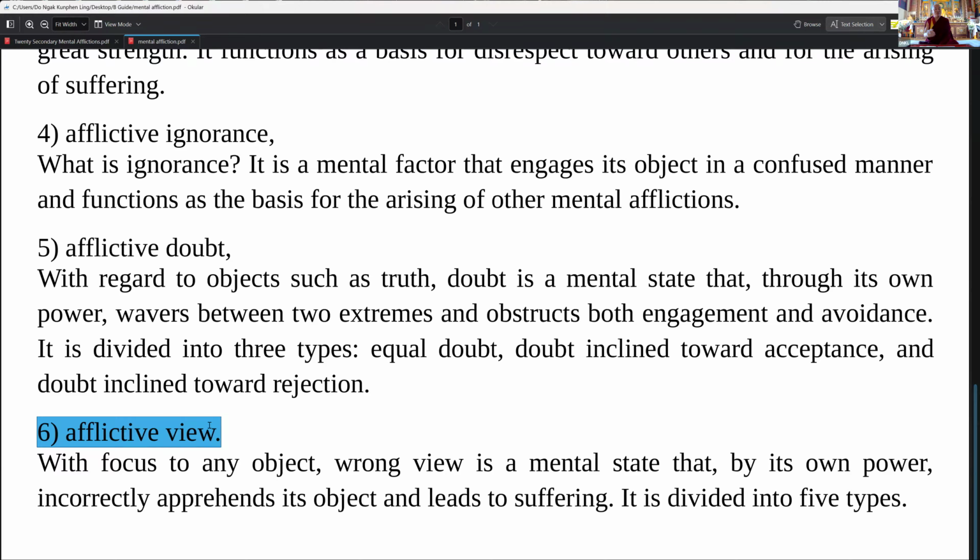You're viewing them as permanent, which is wrong, right? That's the aspect or thought of wrong view. And then wrong view brings you a lot of different suffering. That's its cause of suffering. Okay, these are generally the six types of root mental afflictions.